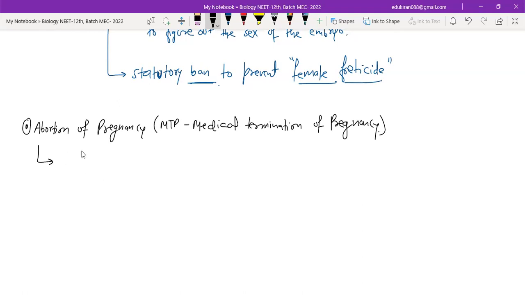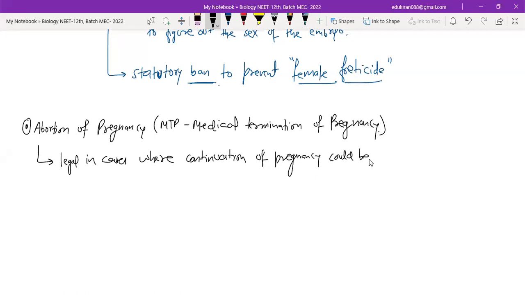So write down: MTPs are legal in cases where continuation of pregnancy could be harmful or fatal.